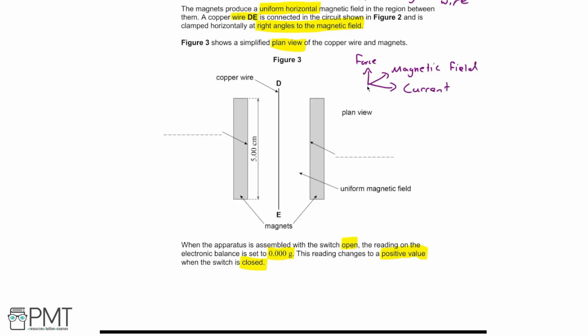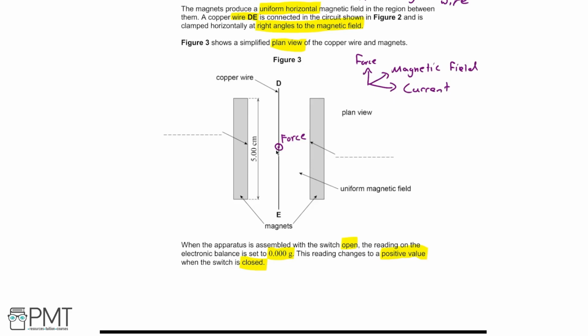So in this case, we need to orient the force in the direction that we actually see it. Specifically, we know that the force is coming out of the plane of the paper because the wire wants to move vertically up, and this is a plan view. So this little arrow here represents the direction of the force. This arrowhead represents the force coming out of the plane of the paper.